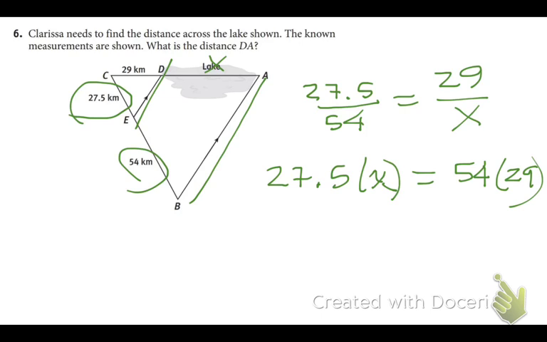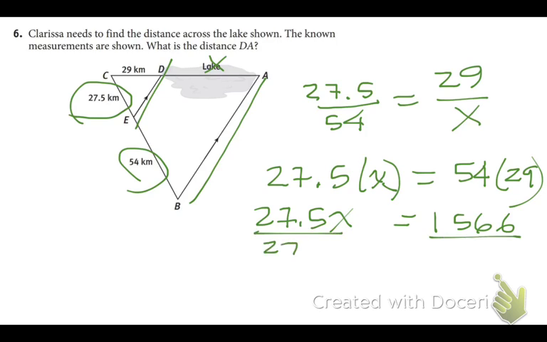All right, when you do the math, 54 times 29 is 1,566. And so 27.5 X equals 1,566. So we're going to divide both sides by 27.5.